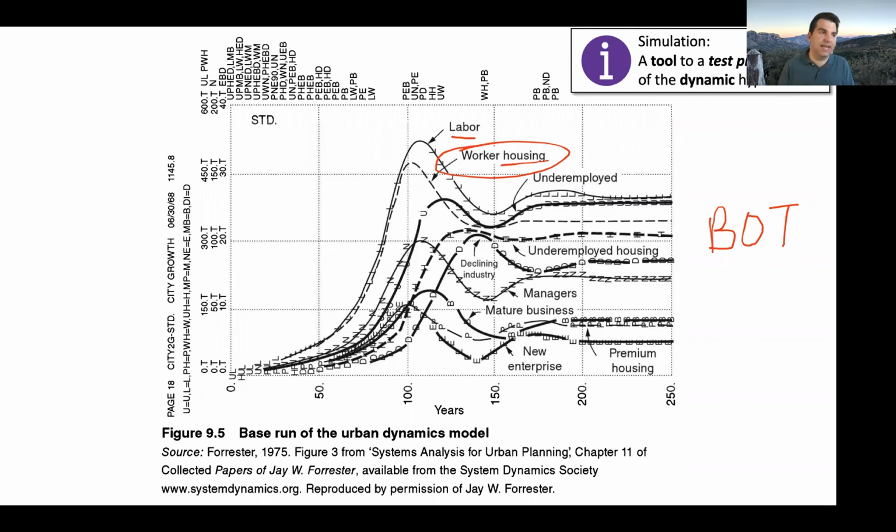It sort of shows us that if we don't feel this is right, then we have a lot of additional work to do. And it also suggests that if you put a gun to the head of a policymaker and they had no other information to go on, this model suggests that maybe they should put more effort into premium housing and new enterprise. And then that would end up being the test.